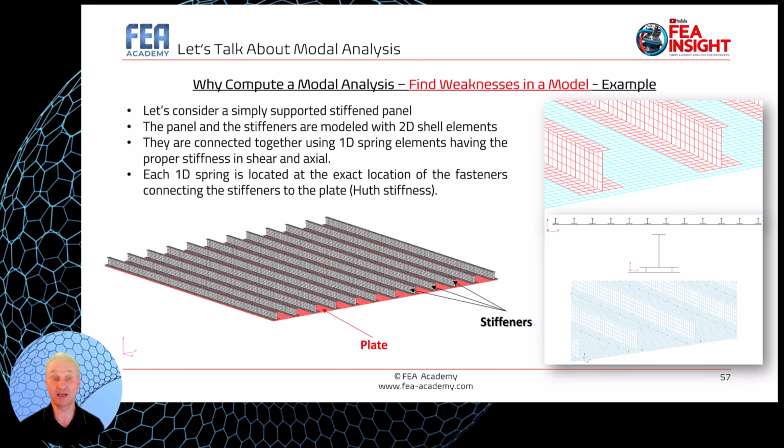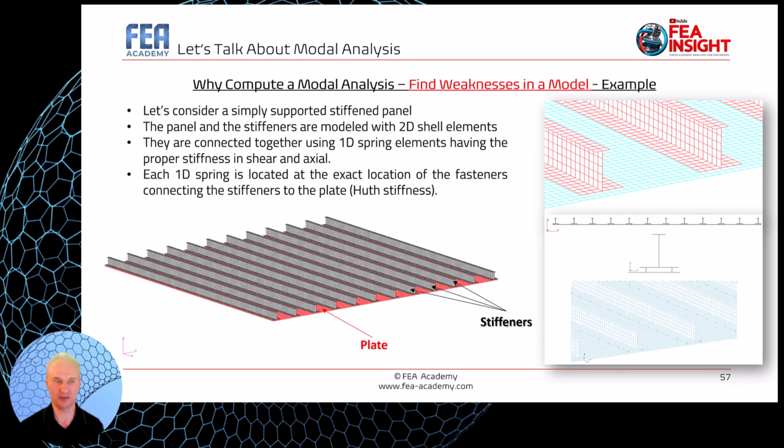Here I come back to the stiffened panel that we discussed before. It is exactly the same stiffened panel, but this time we are going to use a free modal analysis to verify that the model is correct.